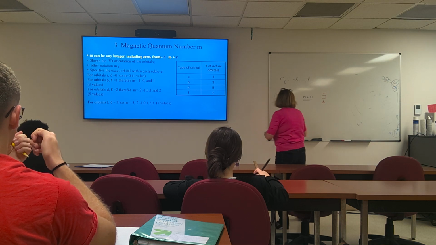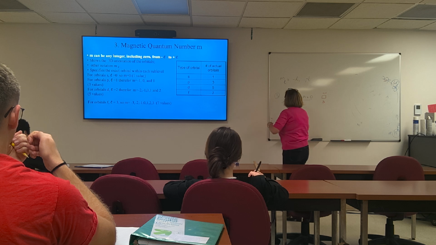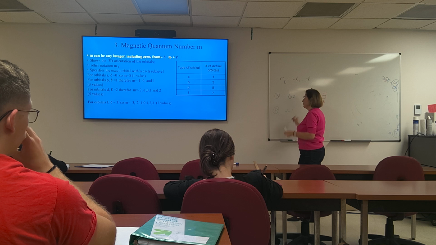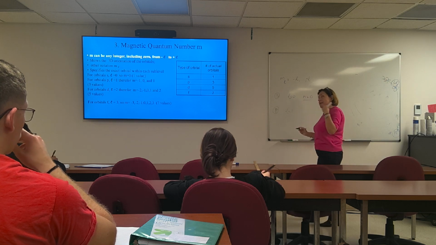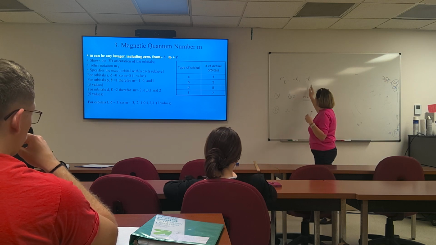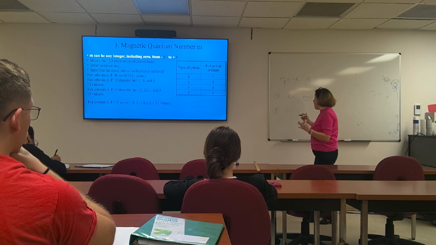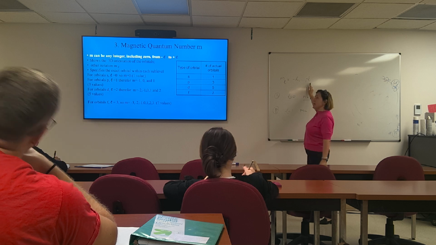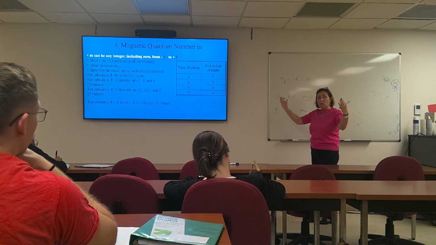Now for the orbital P, you have L equals 1. The possible values of M go from -L to +L, so from -1 to +1.